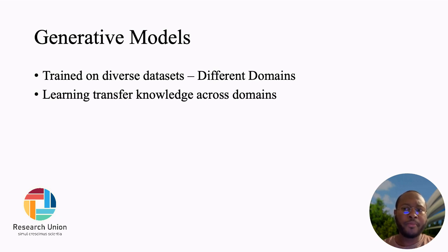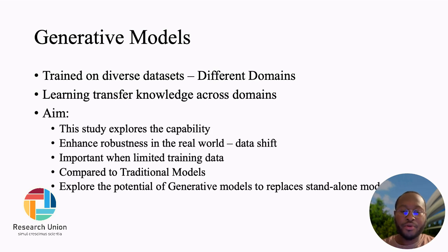Prior to large language models, usually every task had a separate model, but these generative models can perform a variety of tasks. And this enables cross domain knowledge such that one task assists another.